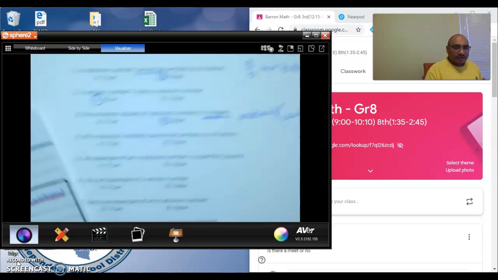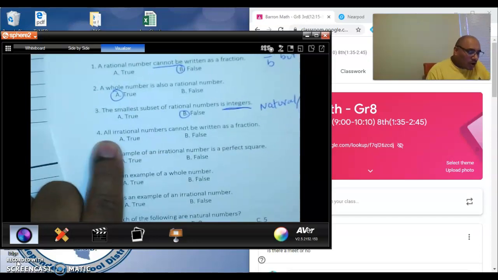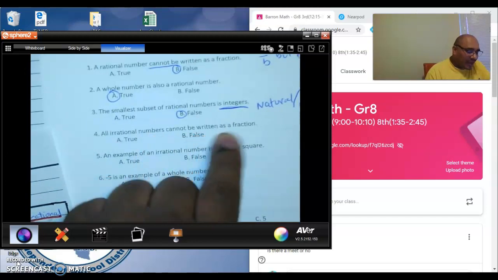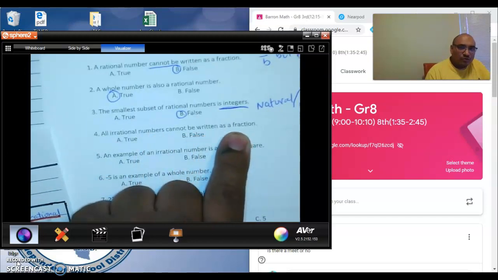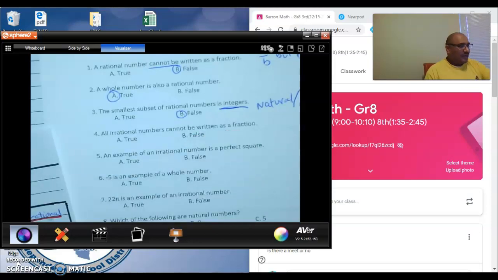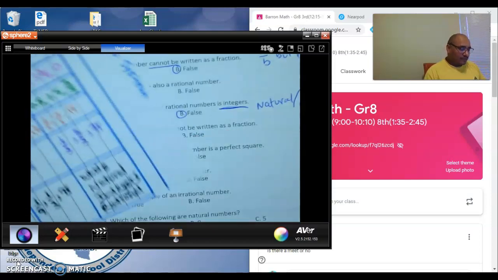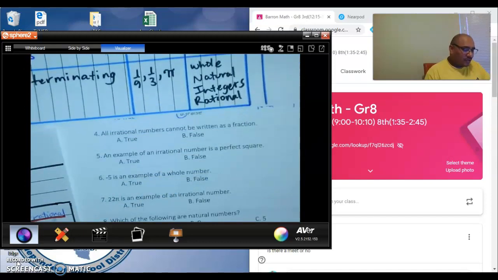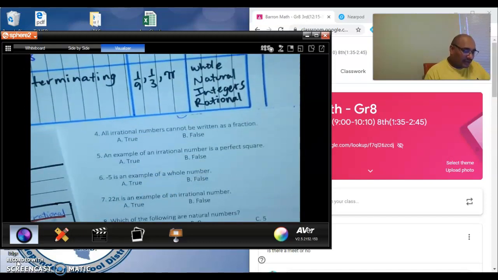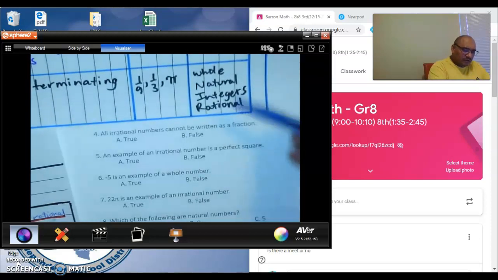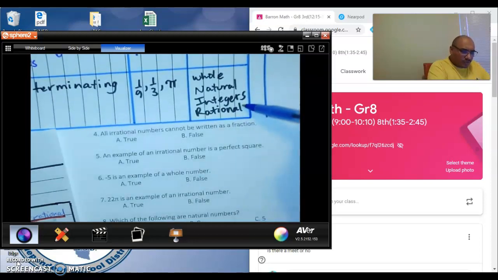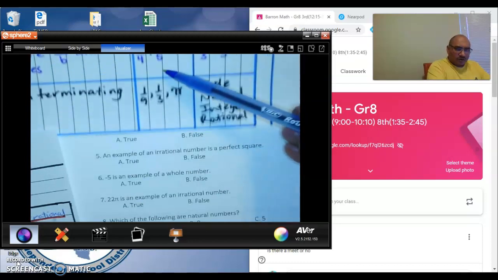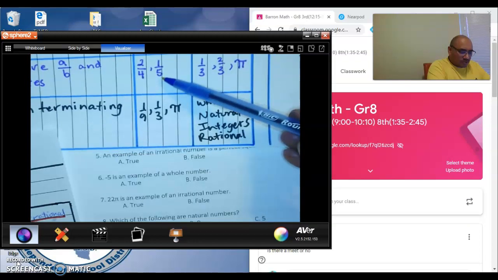Okay. Our next one, all irrational numbers cannot be written as a fraction. True or false? Well, if we think back to some of my examples, rational numbers are here. And if you remember what rational numbers are, they're fractions.